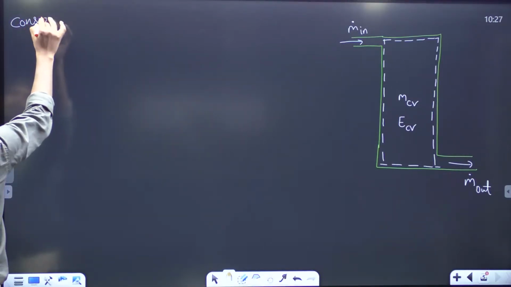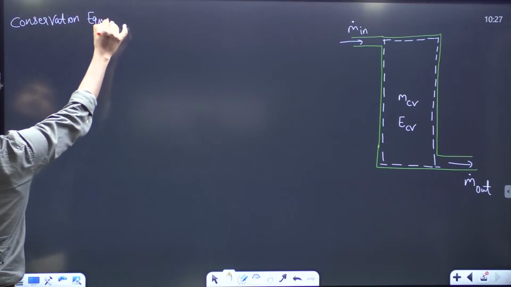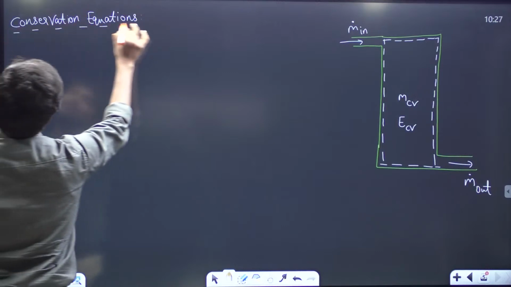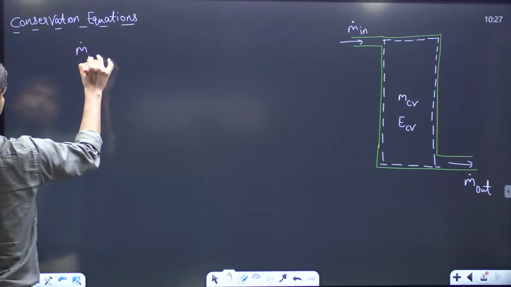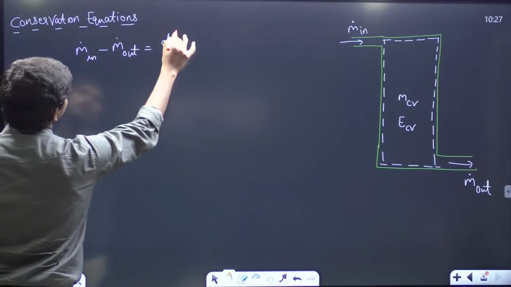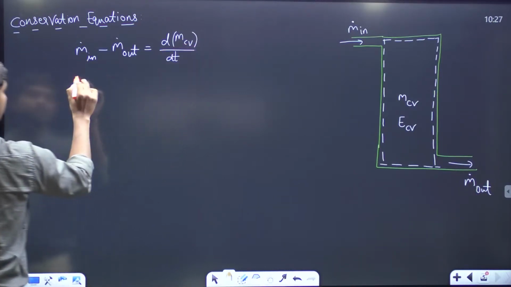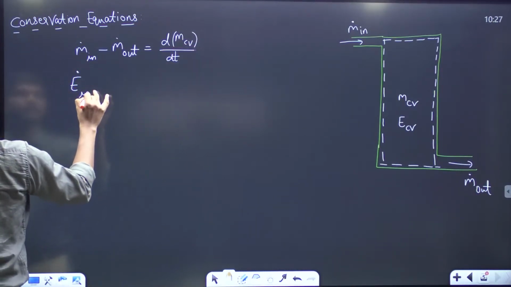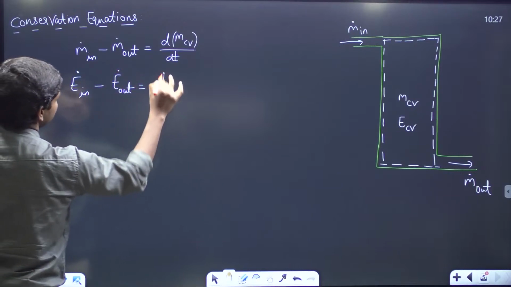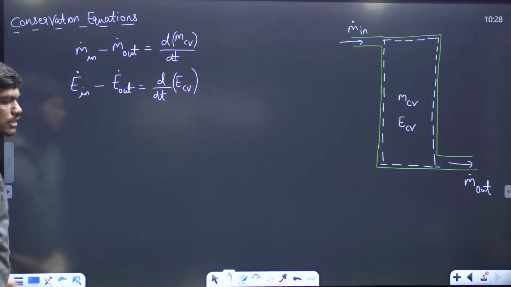Conservation equations: m dot in minus m dot out. Since we are dealing with rates, this should be equal to the change in mass of the control volume per unit time. Correct? Similarly, energy rate of inflow minus energy outflow rate should be equal to the change in the energy content of the control volume. Correct? These are two basic equations.